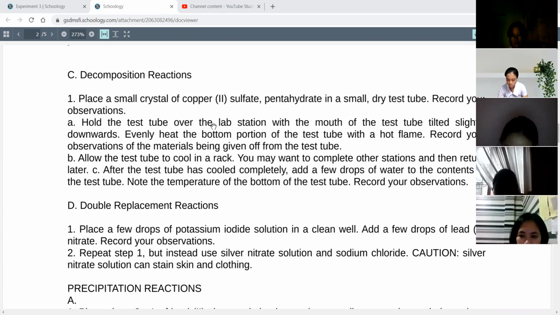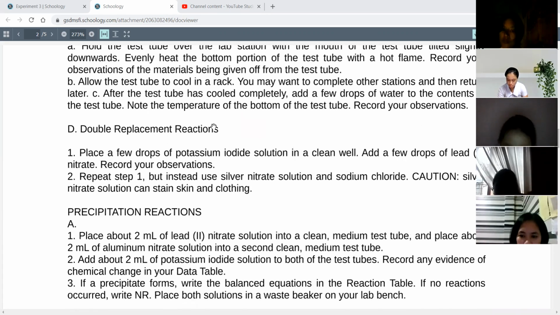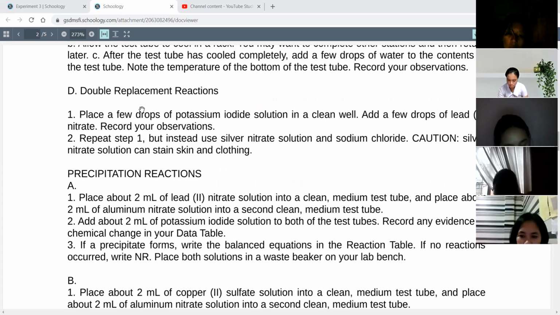So that's decomposition reaction. And then letter D, we have the double replacement or double displacement reactions. So what do we have here? Place a few drops of potassium iodide solution in a clean well. So that's a well plate pa rin. And then, few drops naman of lead nitrate.